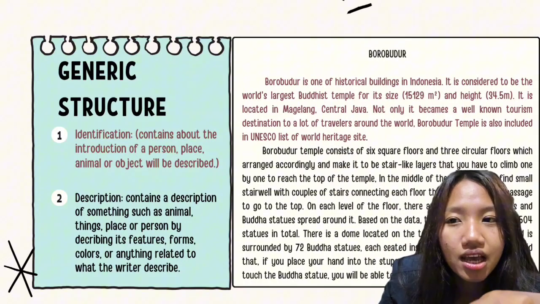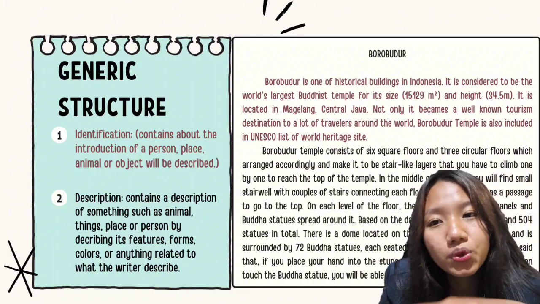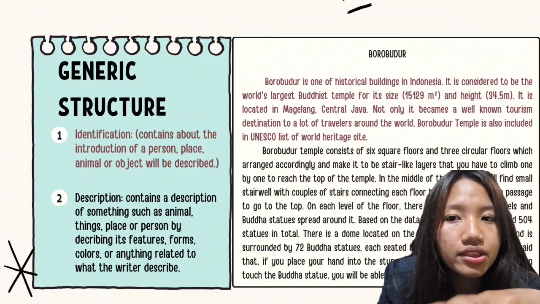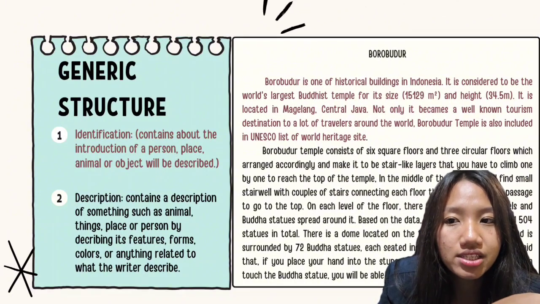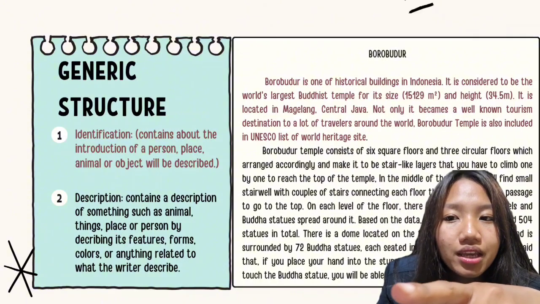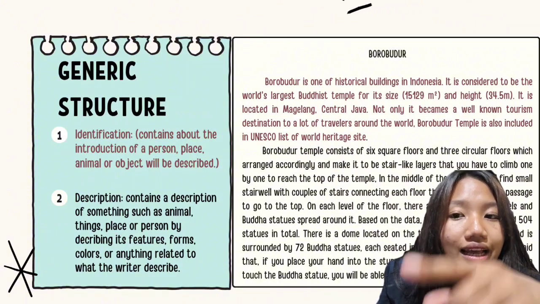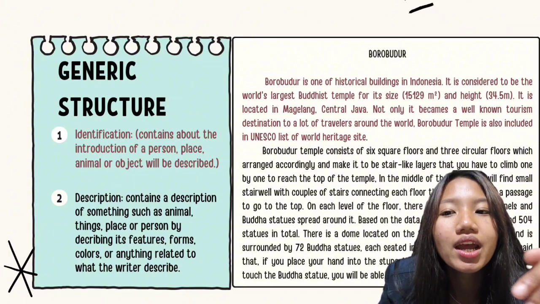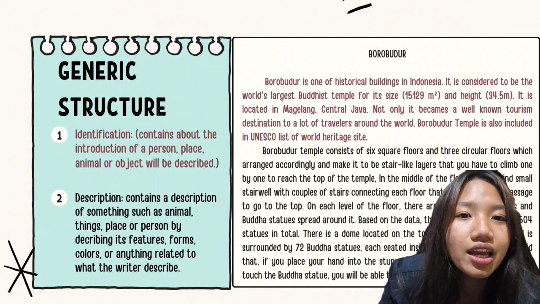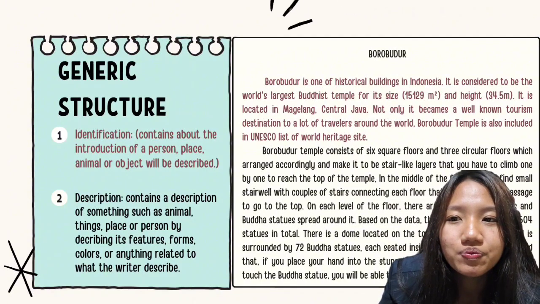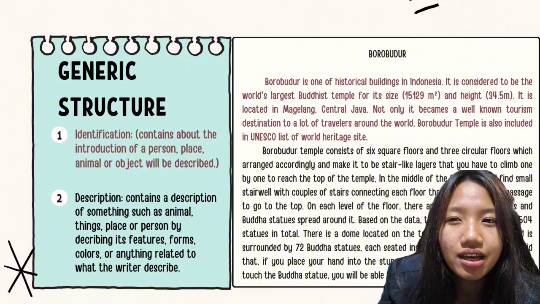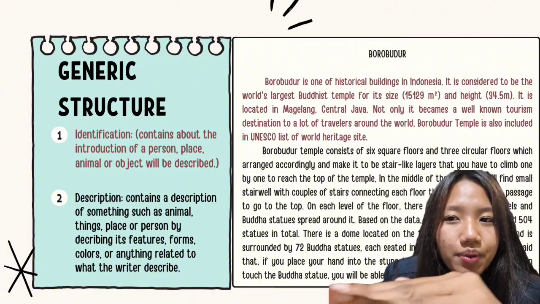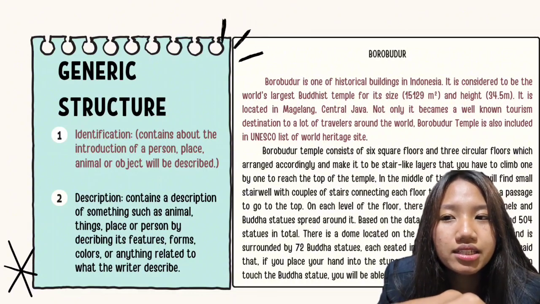For the next paragraph, Borobudur temple consists of 6 square floors and 3 circular floors which are arranged accordingly and make stair-like layers that you have to climb one by one to reach the top of the temple. Is it the description? So like that, paragraph 1 is identification, and then paragraph 2 is the description.